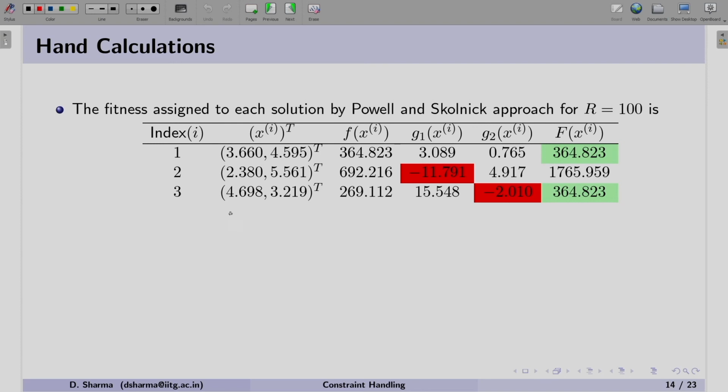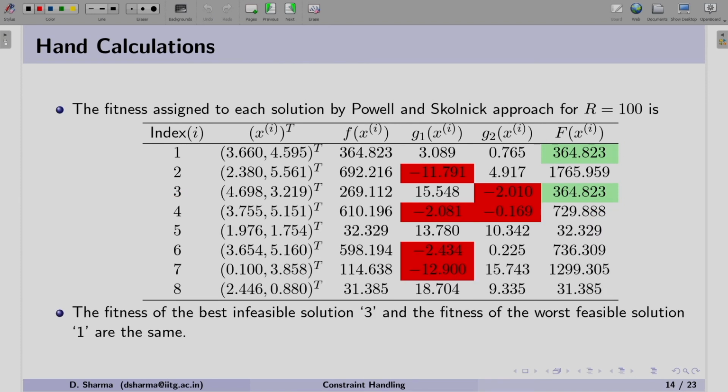Similarly, for solution number 3, which is infeasible as G2 is not satisfied, we have this lambda value which we add to the penalty function value. Similarly, we perform the same calculation for solutions 4, 5, 6, 7 and 8 here, and by using the negative value of lambda, we find the fitness of every solution in the last column.